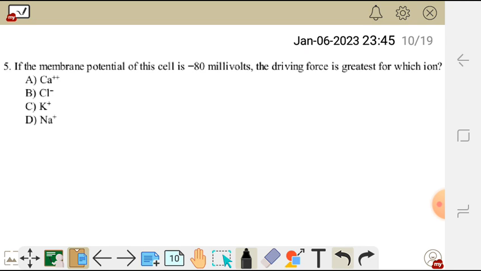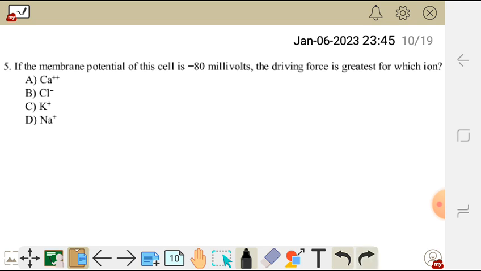Question 5 reads, if the membrane potential of this cell is -80 millivolts, so the driving force is greatest for which ion? So the driving force is greatest for which ion if the membrane potential is -80 millivolts.